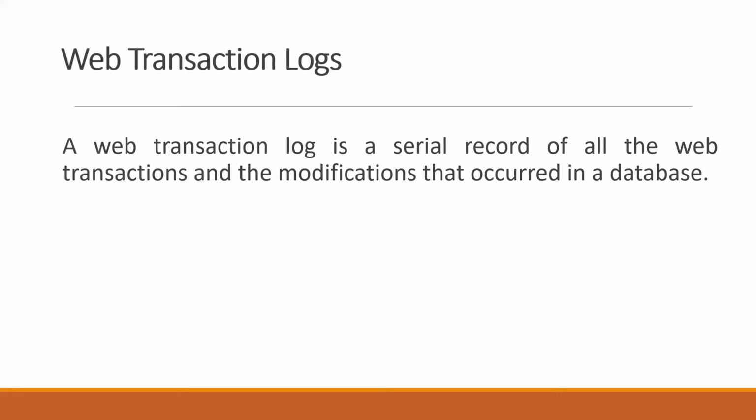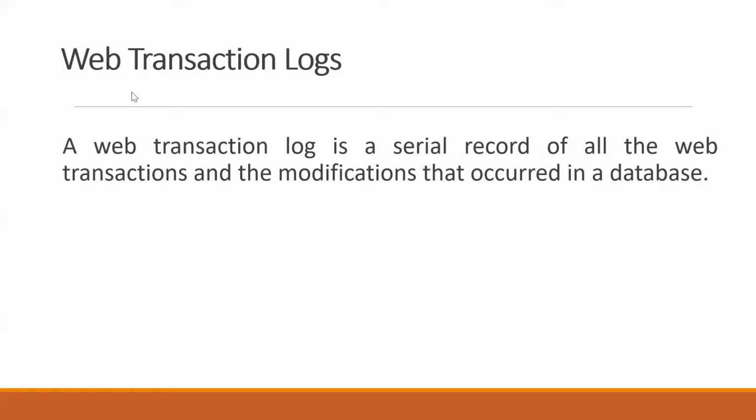So a web transaction log is a serial record of all the web transactions and the modifications that occurred in a database. Okay, so it's a record of all the web transactions. It may be the information searched by the user, or it may be the product that he wants to buy, or purchasing of a product or a service, or giving reviews or feedback, or making payment.